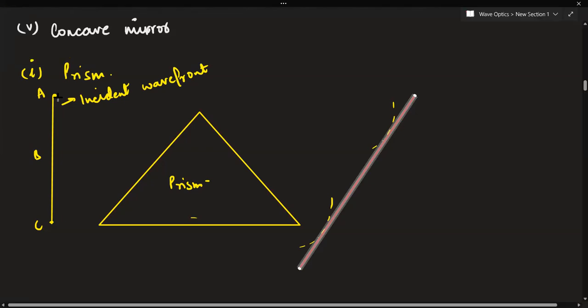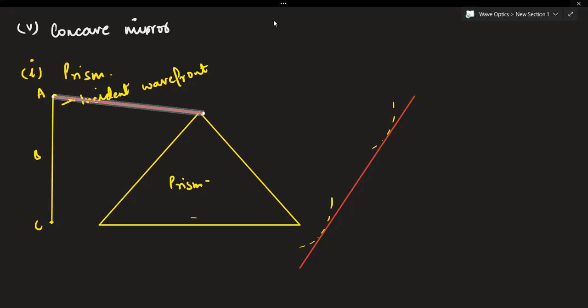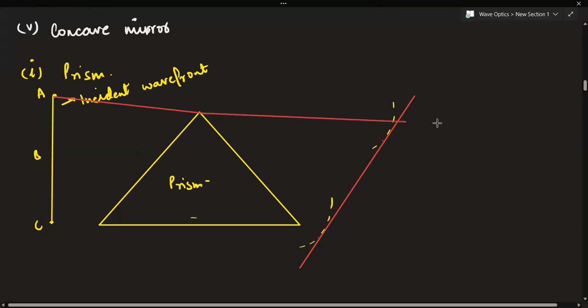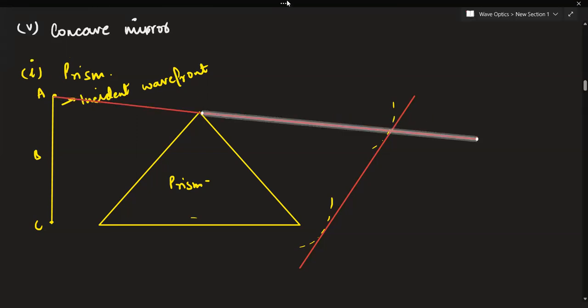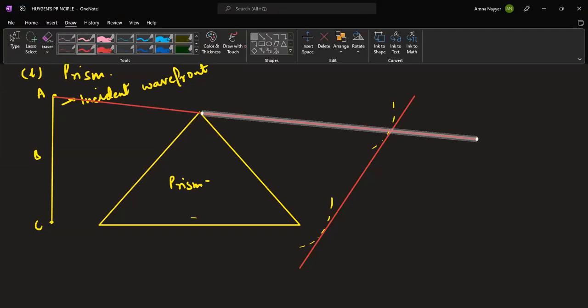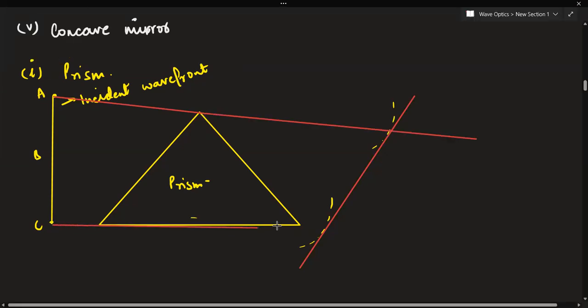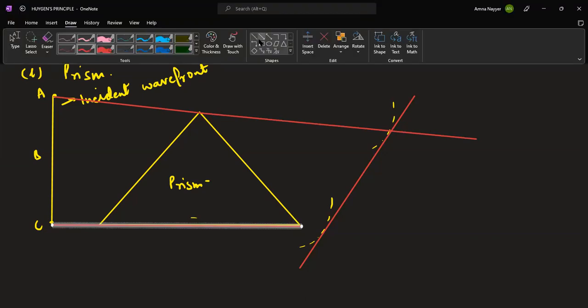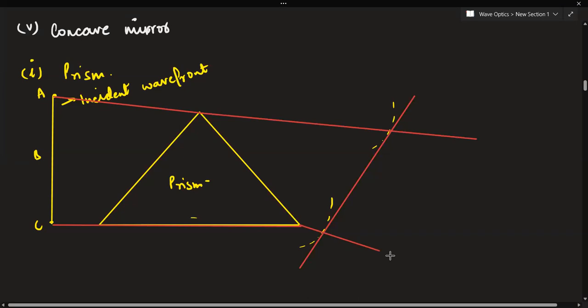It will be till here, a straight pattern, and then it will climb. Similarly, it will be for C. This will be the ray of light till the prism. It will deviate and reach over here.